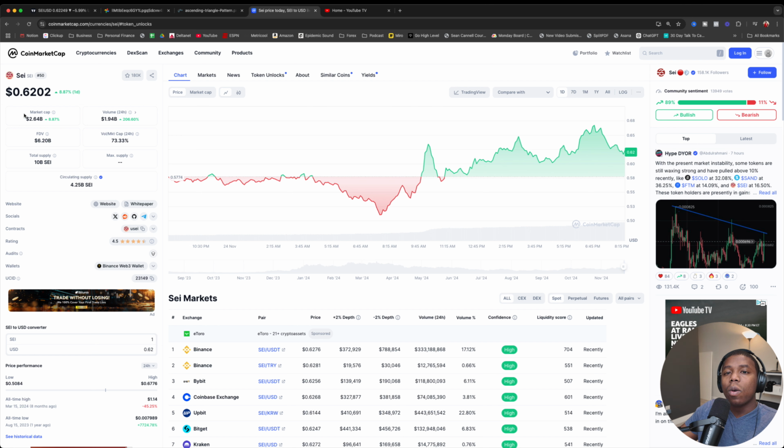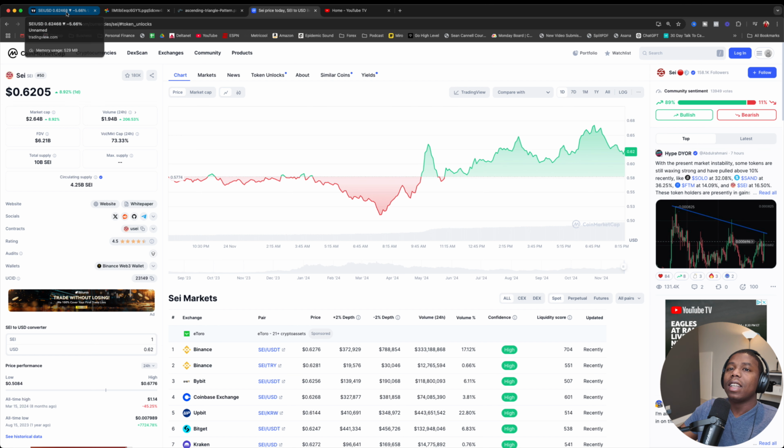And so the coins that have a smaller market cap are a little bit more risky just in general, but they do have more opportunity to run up. And so with this one being at 2.64 billion, it has room. If it were to even 20x, then you'd be looking at around a $50 to $60 billion market cap, which is still reasonable.